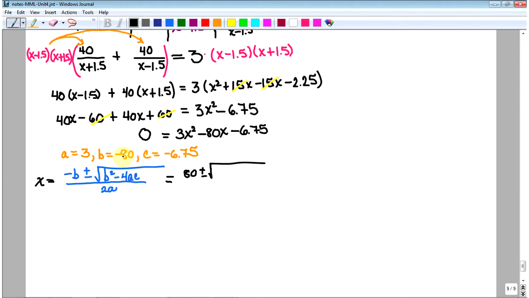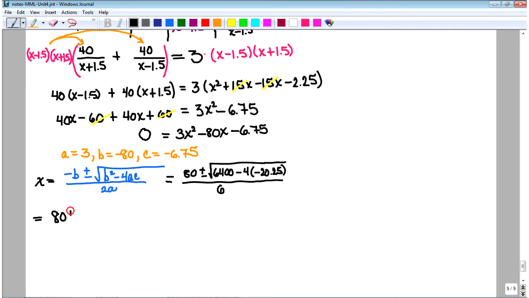When you square anything, it's going to be positive. So negative 80 squared will be 6,400 minus 4 times, and we have a, 3, times a negative 6.75, which is negative 20.25, all divided by 2 times a. So 2 times 3, which is 6.